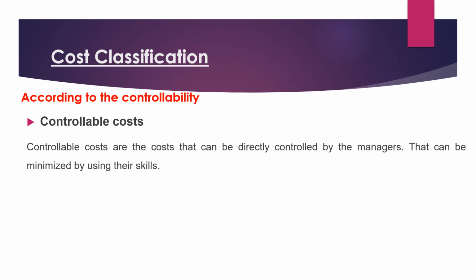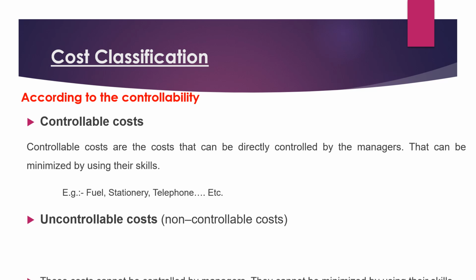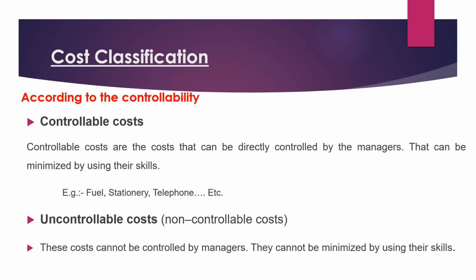These costs can be minimized by using their skills, such as fuel, stationery, telephone, etc. Whereas uncontrollable costs are those costs that cannot be controlled by managers. They cannot be minimized by using their skills, such as taxes, rates, etc.